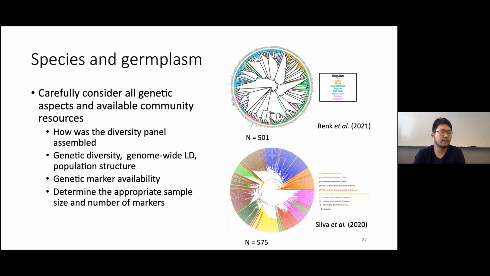So the first thing to consider is the species and the germplasm. When you choose a population for your GWAS experiment, you need to carefully consider all the genetic aspects and the resources available for this panel. Like how was the panel assembled and why was it assembled?